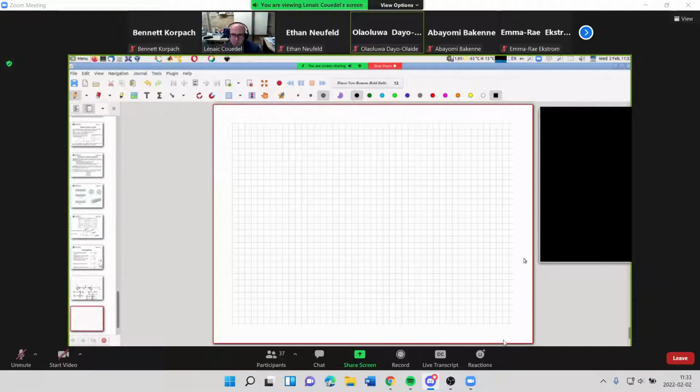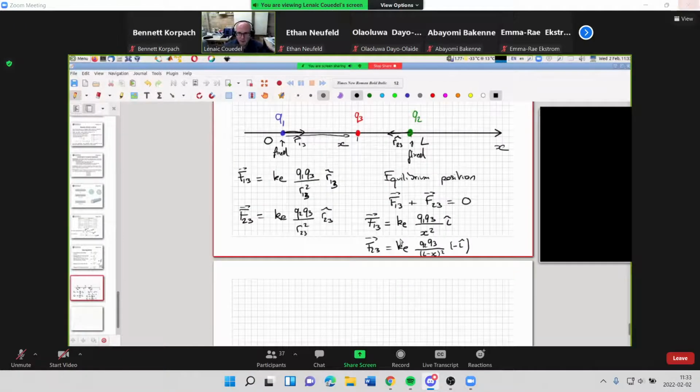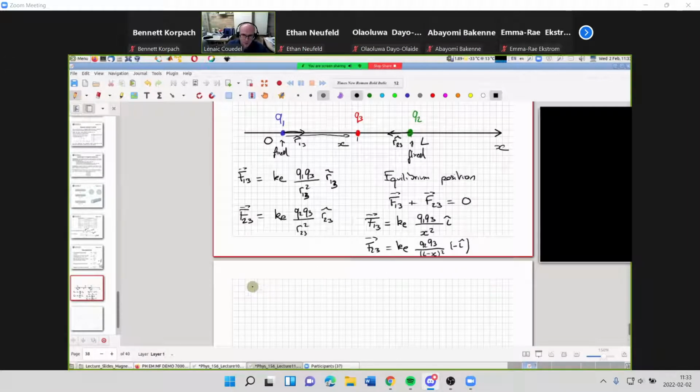All right, so now we want equilibrium. So we want KE Q1 Q3 divided by x squared minus KE Q2 Q3 divided by L minus x squared equals 0.